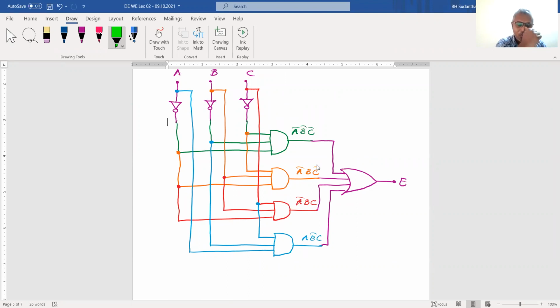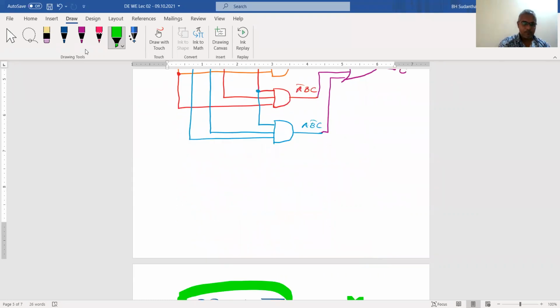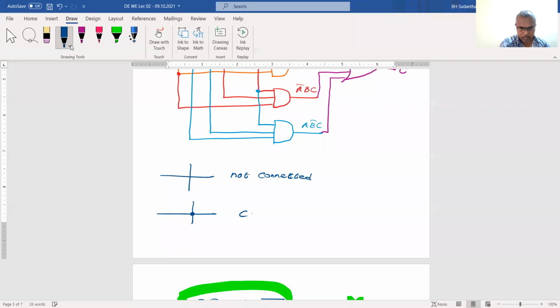But we have two different conventions here. In one way, this is not connected, and this one is connected.